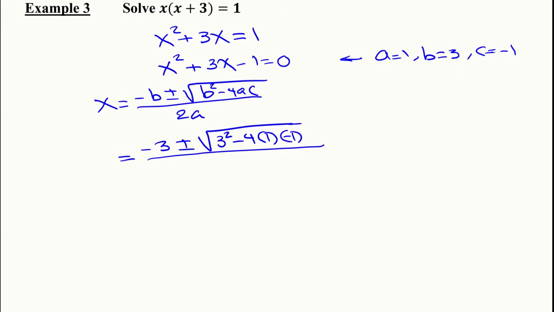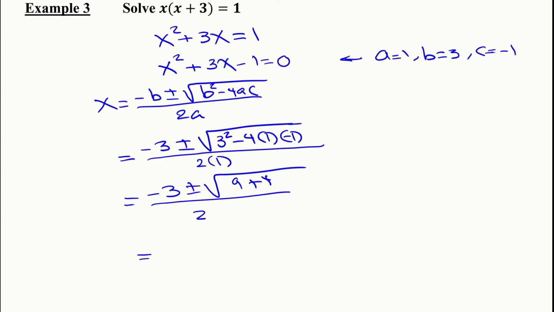Now we divide all that by 2 times a, which is 2 times 1. So we end up with -3 plus or minus square root of 9 plus 4. So we write that over 2. So we end up with -3 plus or minus square root of 13 over 2.